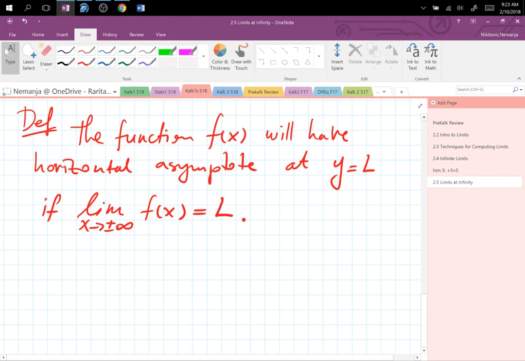Some of you might remember from your pre-calculus course those 3 rules for horizontal asymptotes. When you divide polynomials to make a rational function, if the exponent in the numerator is greater, no horizontal asymptote. If the exponents are the same, the asymptote is at the ratio of the leading coefficients.